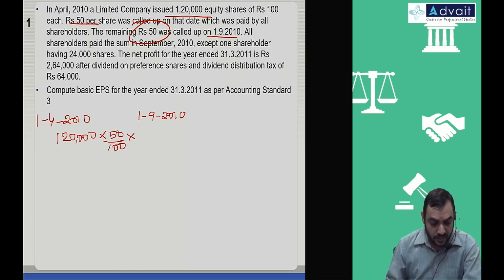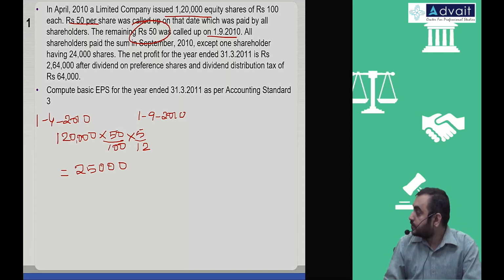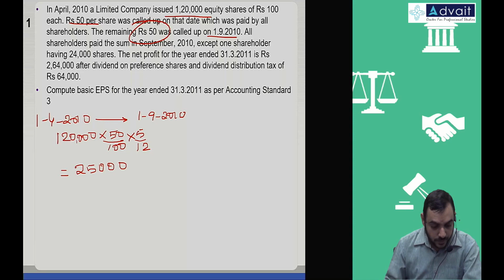How many months do you get? 1st of April to September: April, May, June, July, August. That is 5 months, so 5 by 12. That is 25,000. That is from 1st of April to 1st of September.